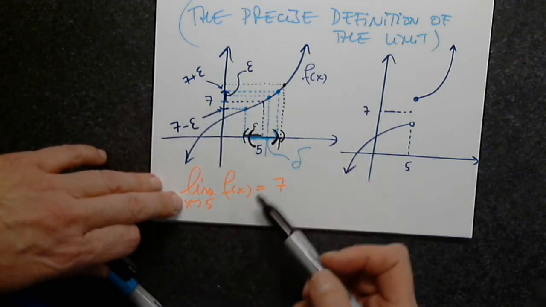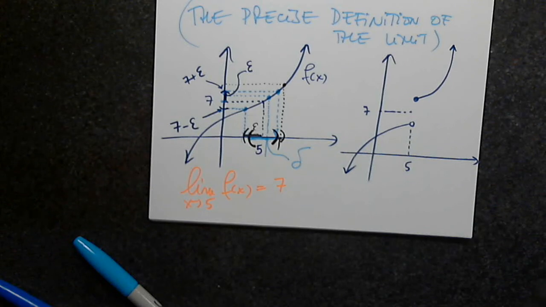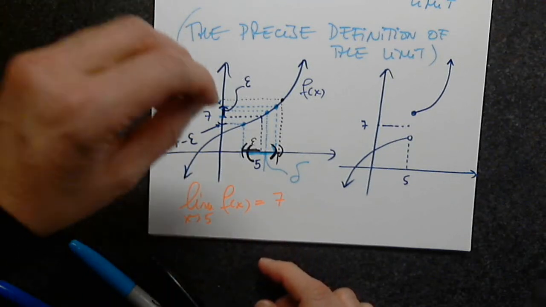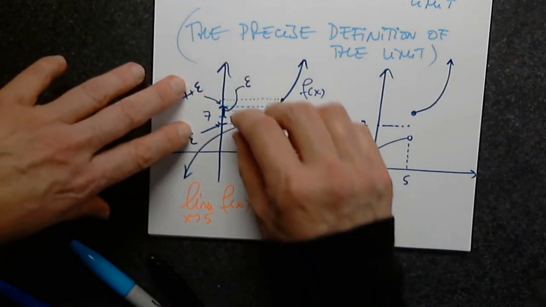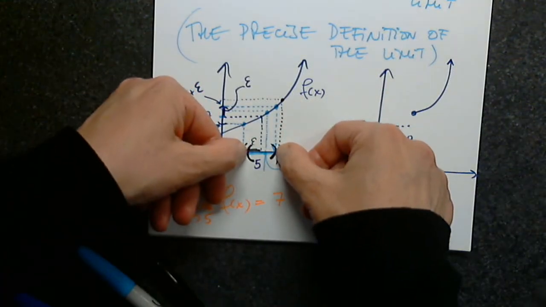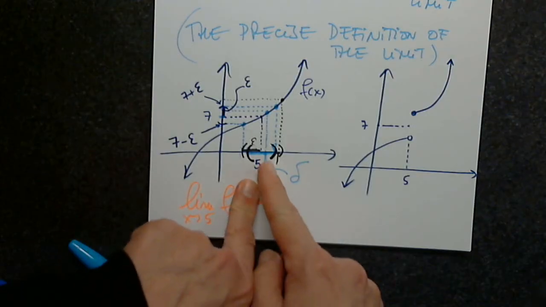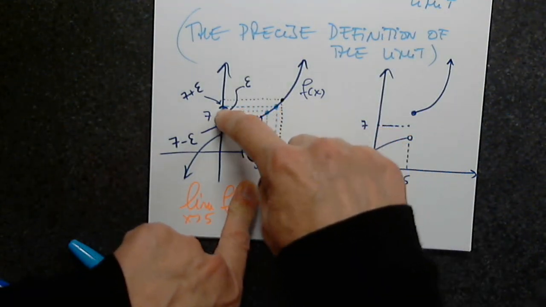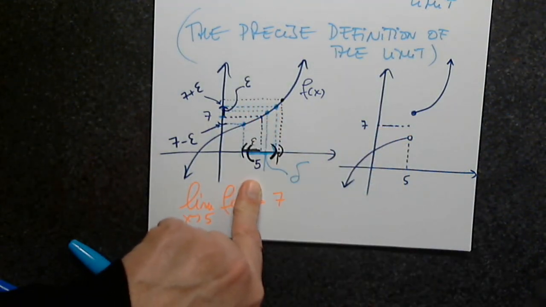Why is this mechanism possible for every epsilon? Because the limit exists. So now imagine that you zoom in further, you find a smaller epsilon, you will find the corresponding delta, you will choose the smallest of the 2, so that if you pick x here, f of that x will fall within epsilon away from 7.